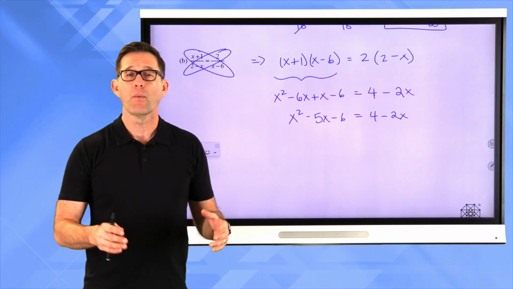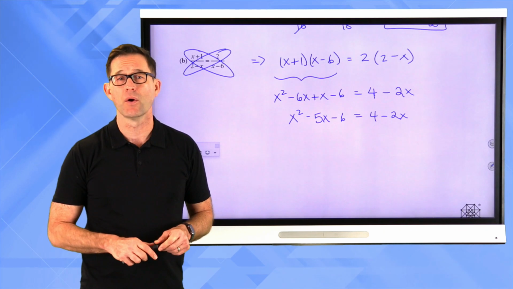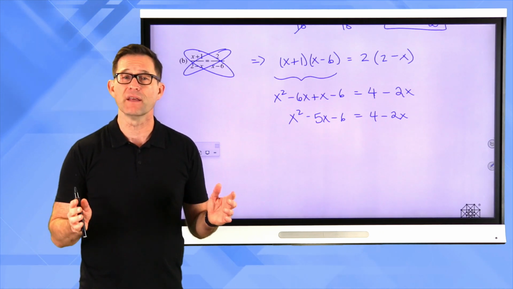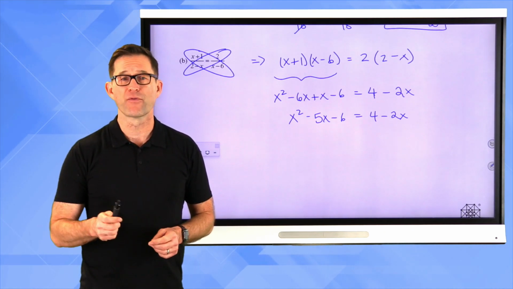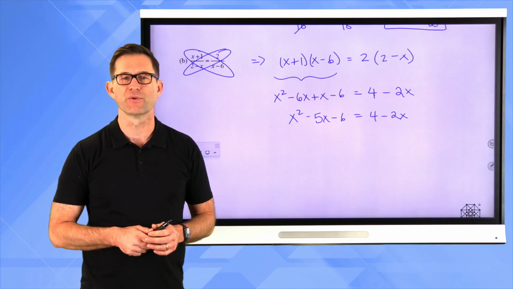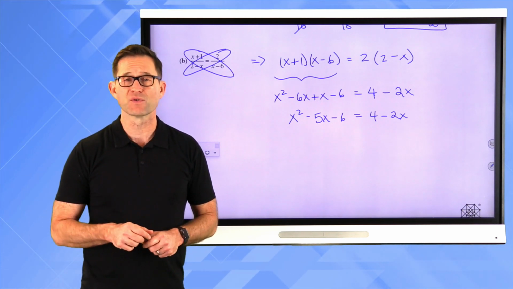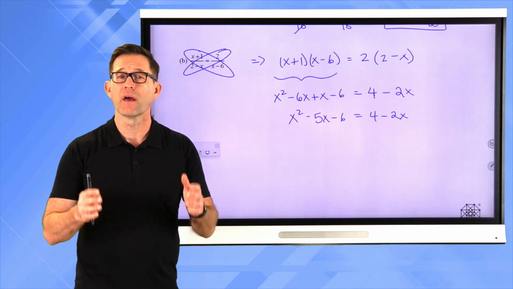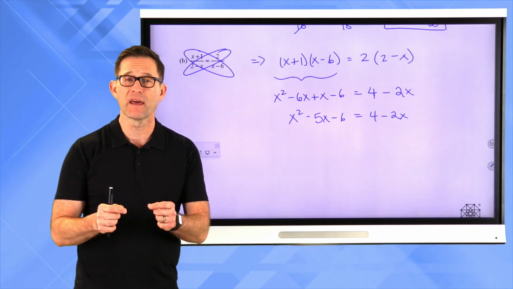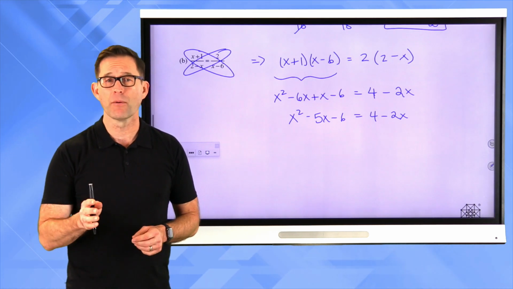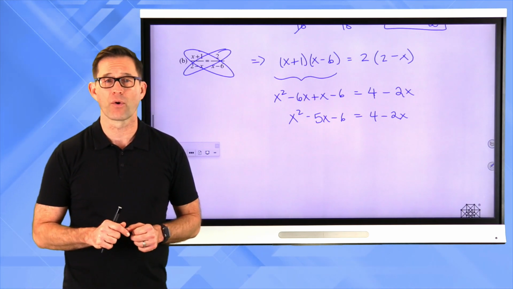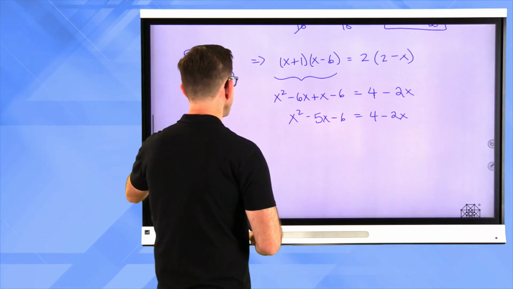In other words, I want you to look to get everything equal to 0, factor, and then set each factor equal to 0. If you prefer the quadratic formula or for some strange reason completing the square, that'll work as well, but try to think, I've got an x squared, I need to get everything equal to 0, and then probably factor or use the quadratic formula.